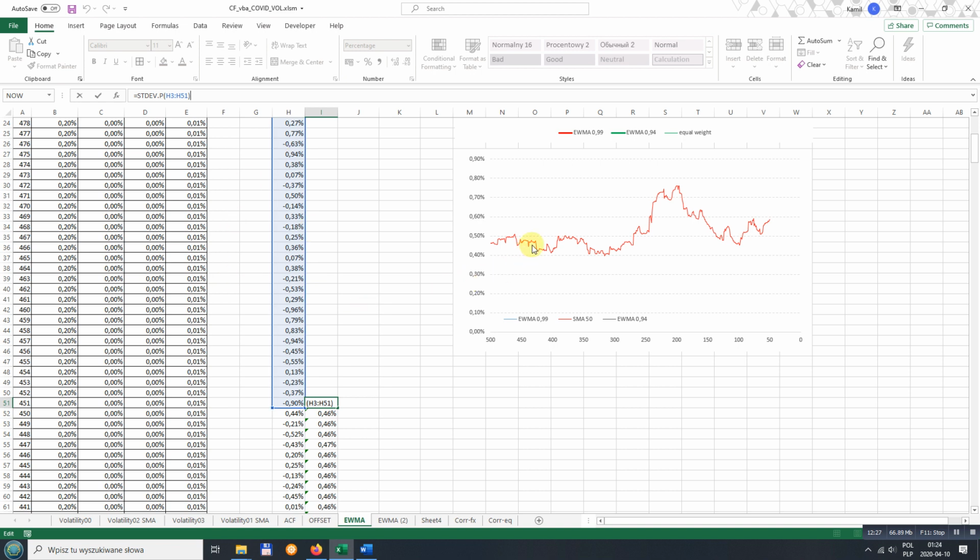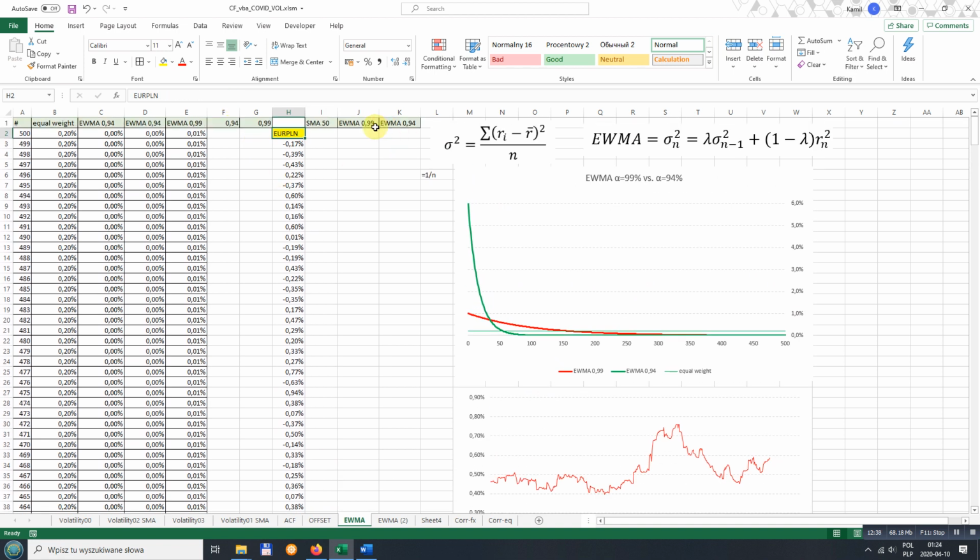Now let's do an example with the exponentially weighted moving average. If I want to start with the last observation I have, I need to have some assumption of what this observation would be. One of the approaches would be just to calculate the standard deviation and start with this value. So take a look.